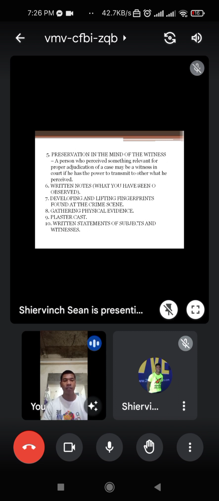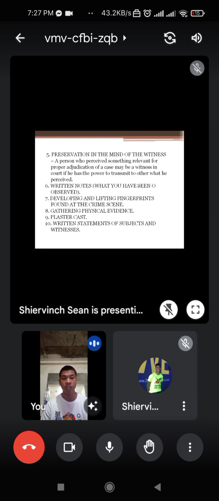So next is the written notes. Written notes on what the investigator has seen or observed, and also developing and lifting fingerprints, the gathering of physical evidence, which are the materials that were used in the crime, and also plaster cast, and the written statement of subjects and the witnesses.